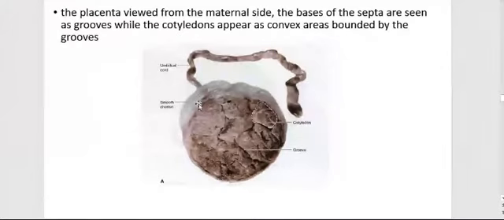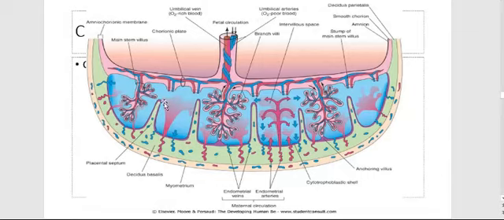When the placenta is viewed from the maternal side, these are the lobules you are seeing. It's because the decidua basalis extends septa inward. These are the lobules you are seeing, because of the extension of septa into the fetal side of the placenta.